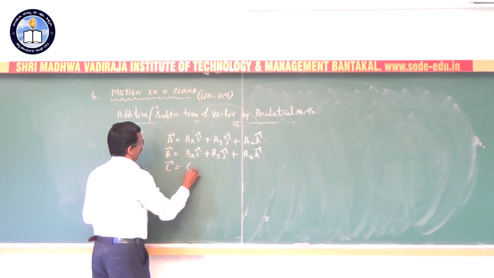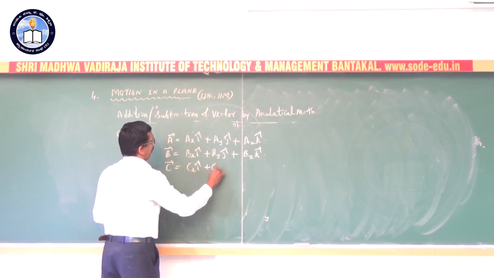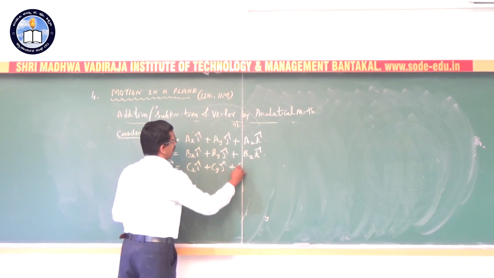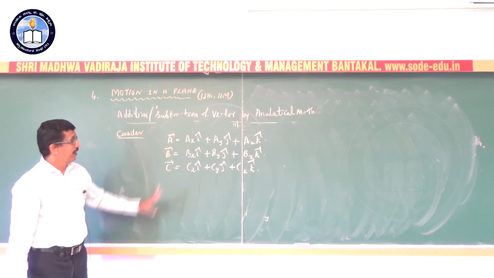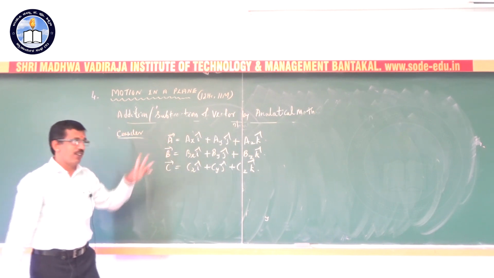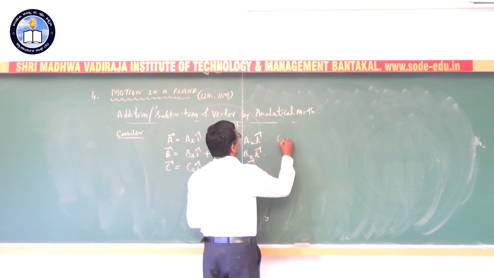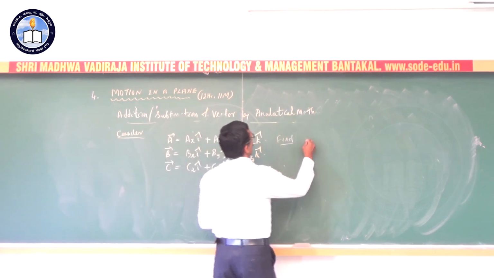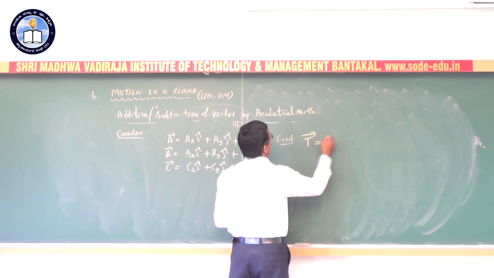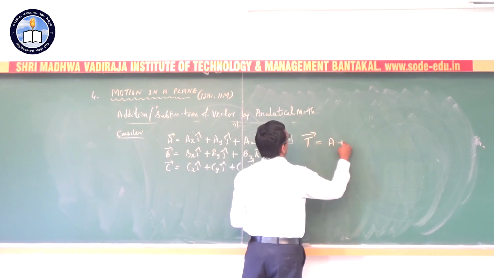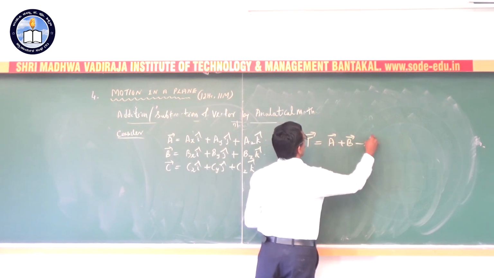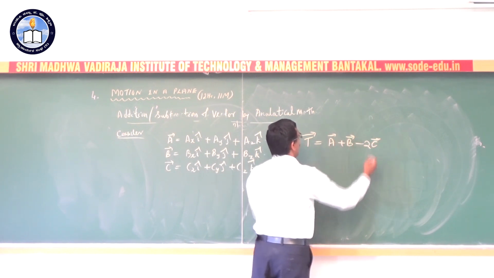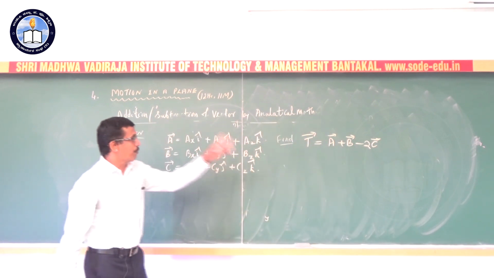C is cx into i cap, cy into j cap, cz into k cap. These are the 3 vectors given, all 3-dimensional vectors. What we have to find is vector T, which is nothing but A plus B minus 2C. Once again I repeat, A plus B minus 2C we should find.